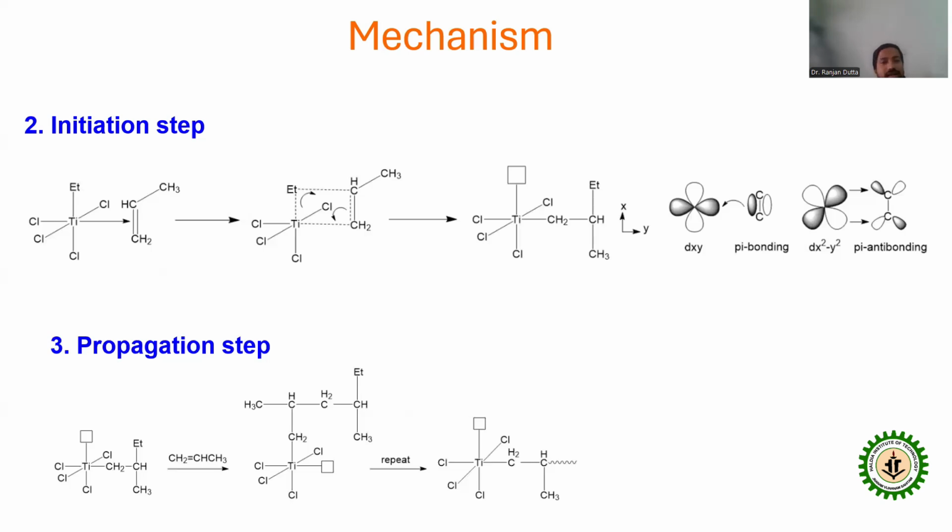The second step is chain propagation. In the chain propagation step, when another alkene comes in, the process starts over, giving a linear polyalkene, which is actually the polymer. As you can see in the propagation step, the second alkene is coming and the process is repeating, so we are getting a linear olefin.